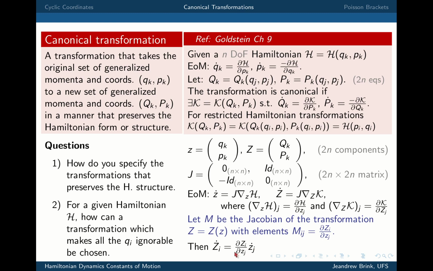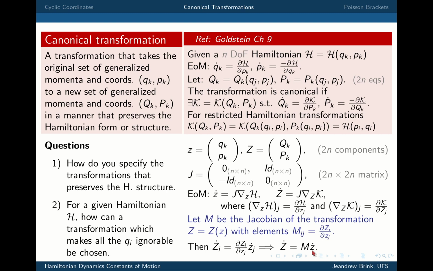And if you look at this carefully, if you put all the z's in your vector, then this derivative is simply the matrix multiplied by the small z dot vector. Okay, so it's a very compact form of writing out how the transformation affects the equations of motion.